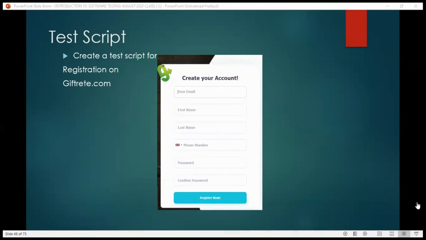Okay, so I believe we have a clear understanding of what a test condition is, what test cases are, and what a test script is. At this phase, I am going to stop the class here.